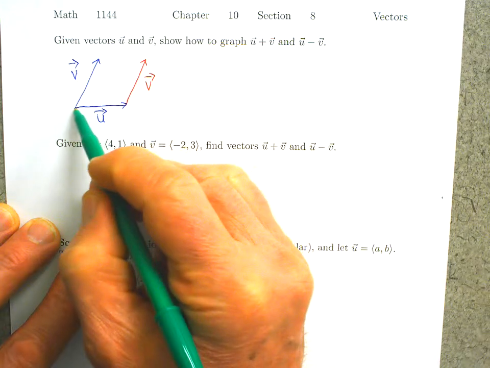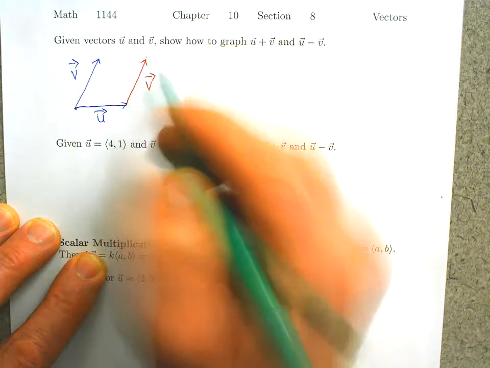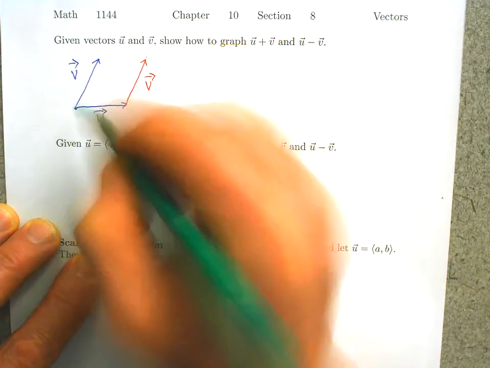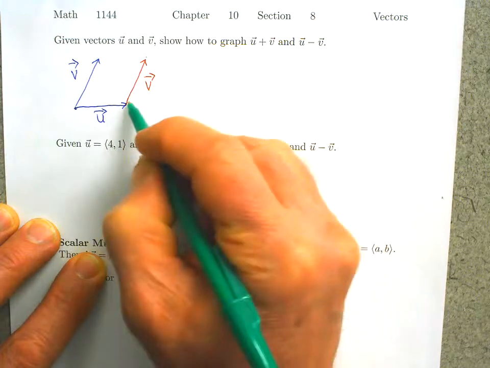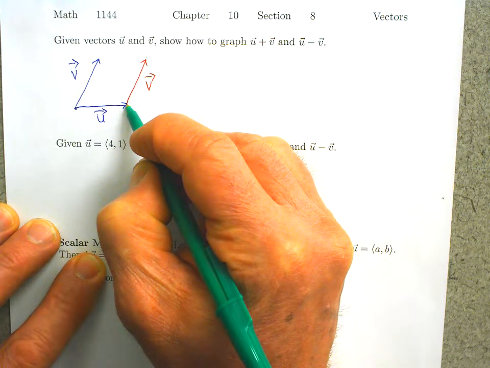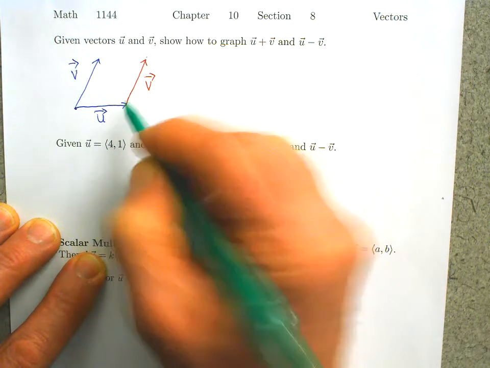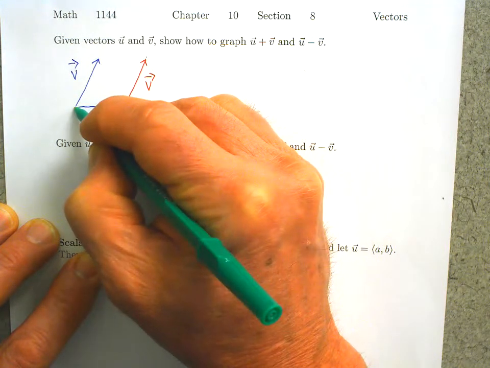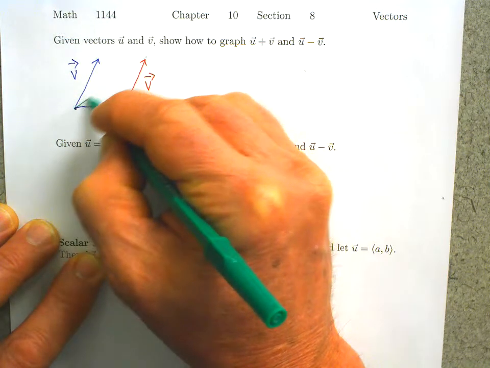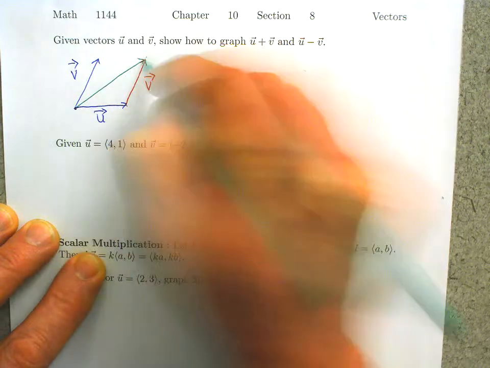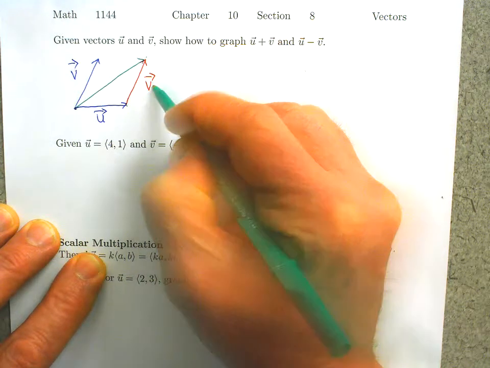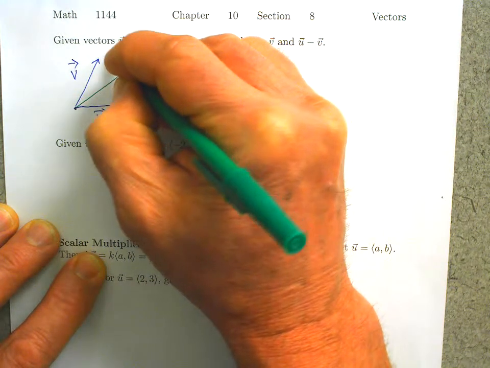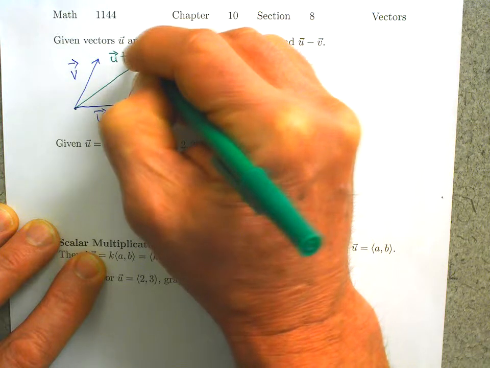So if I want to add u plus v, then I just move the initial point of vector v to the end point of u. Then u plus v has an initial point at the initial point of u, and its end point is at the end point of vector v. So this is u plus v.